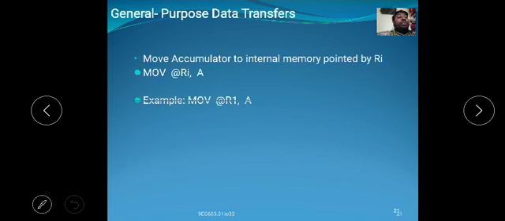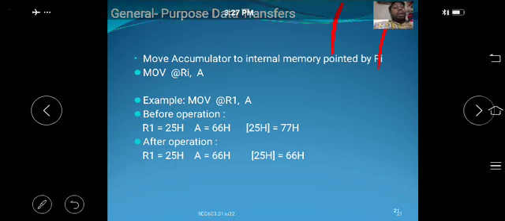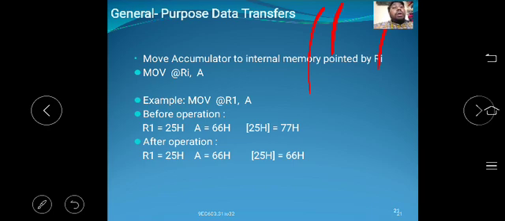Move accumulator to internal memory pointed by Ri: MOV @Ri, A. Example: MOV @R1, A. Before operation, R1 is equal to 25H, A is equal to 66H.